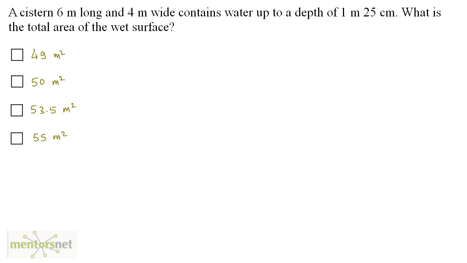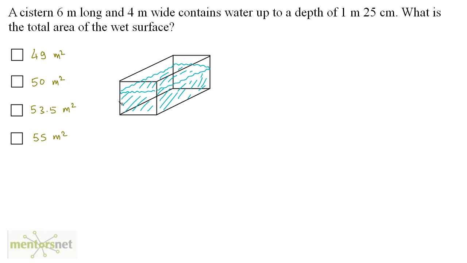A cistern 6 meters long and 4 meters wide contains water up to a depth of 1 meter 25 centimeters. What is the total area of the wet surface? So this is your cistern, which is basically a tank. Now the cistern is 6 meters long and 4 meters wide, and we have been given that the depth of the water contained in this tank is 1 meter 25 centimeters, so that's 1.25 meters.